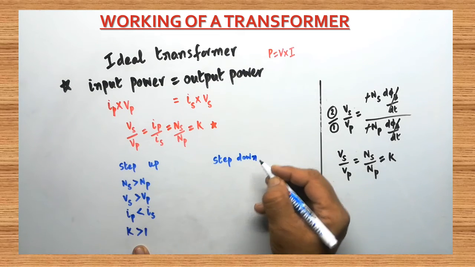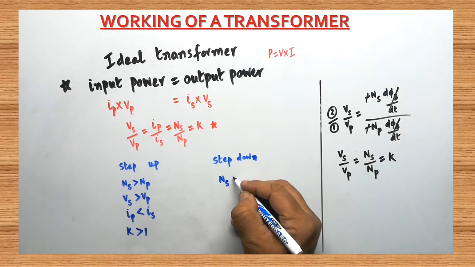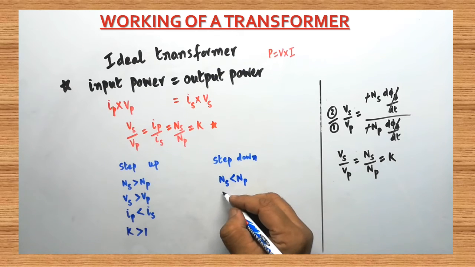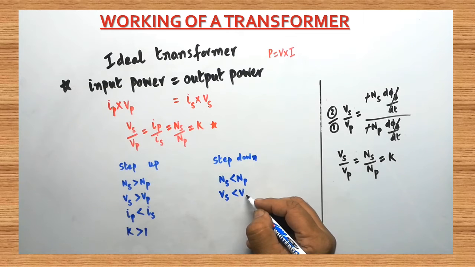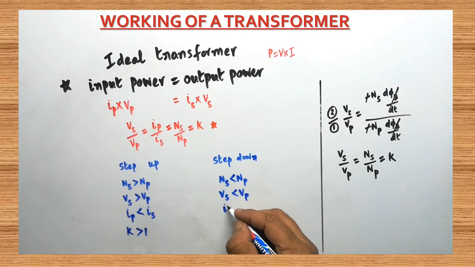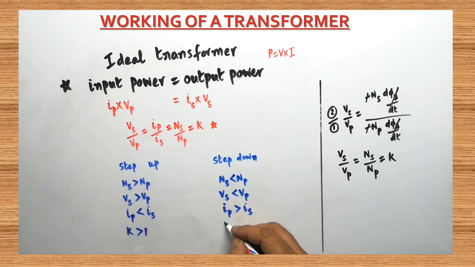In the case of a step down transformer, the number of turns in the secondary will be lesser than the number of turns in the primary, and the voltage across the secondary will be lesser than the voltage across the primary, and the current passing through the primary will always be greater than the current passing through the secondary, the current induced in the secondary, and the voltage transformation ratio will always be lesser than 1.